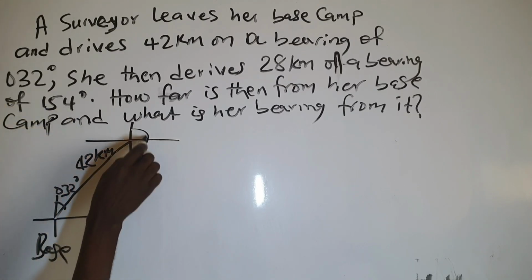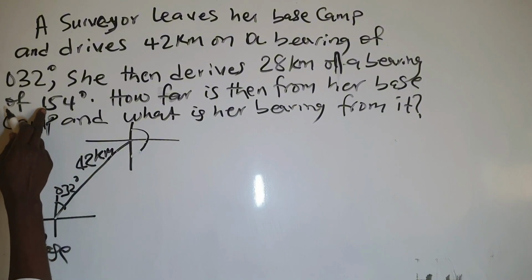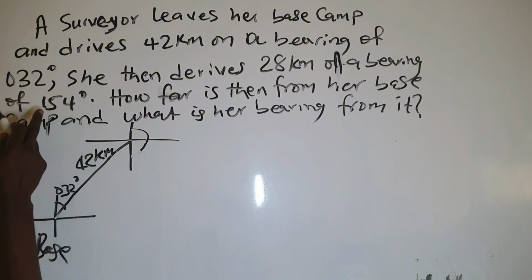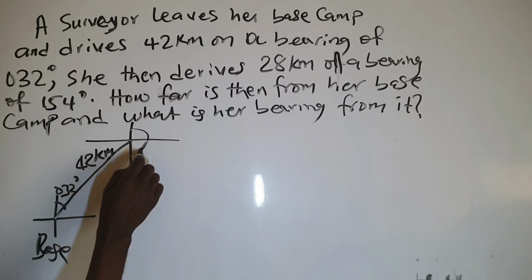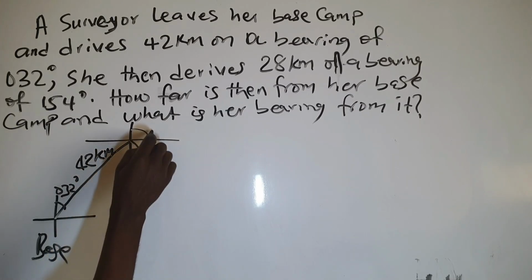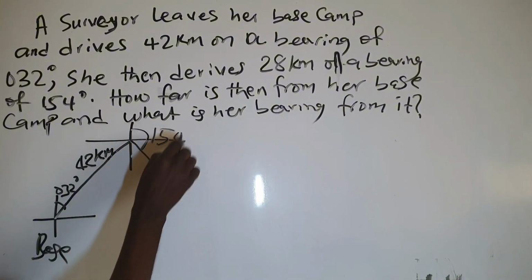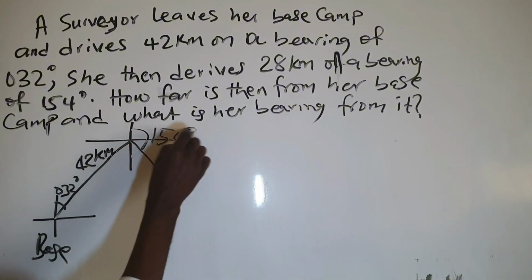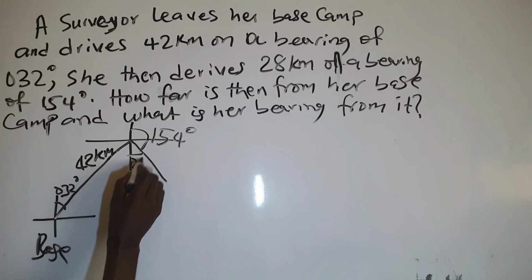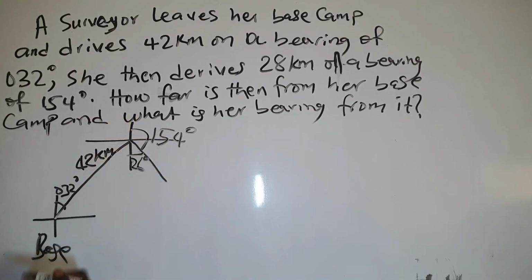So 154, 90. What do we add to 90 again to make it 154? We add 64. So 64 should be here. Okay, so all this place is 154 degrees. So how many is remaining here? So 26 is remaining here to make all of them 180, okay?